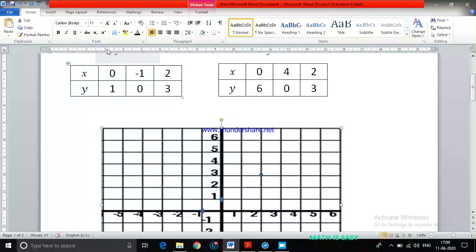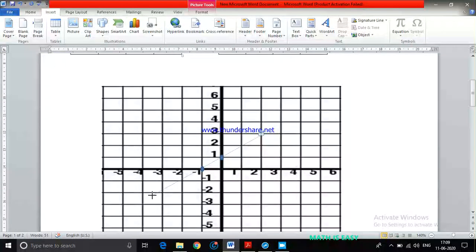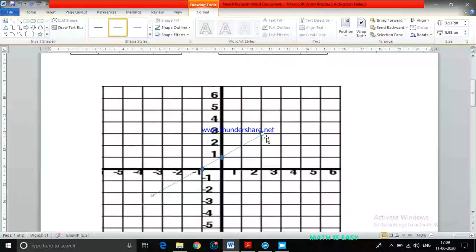Now if I join a straight line passing through all these 3 points, it comes from 2, 3, passes through the point 0, 1, and it passes through minus 1, 0. If you want, I can extend this line to this also.